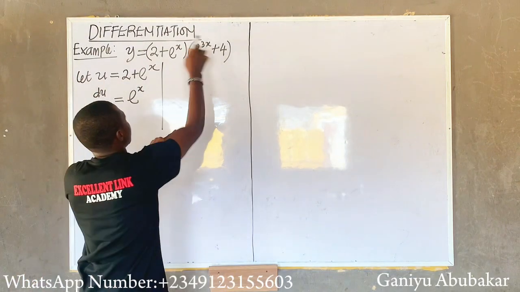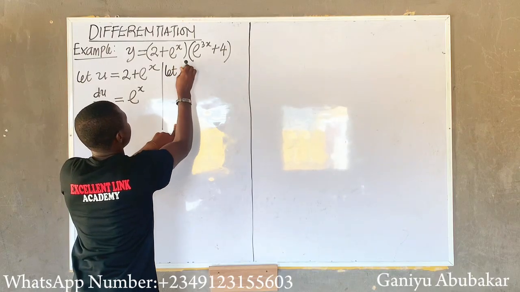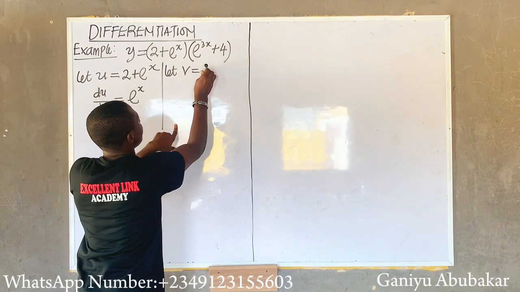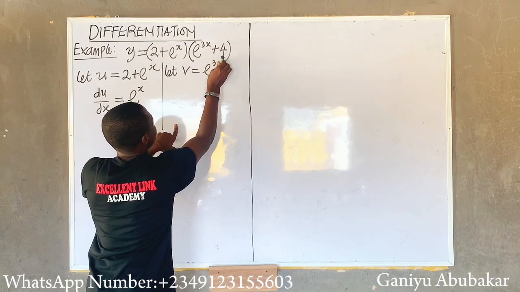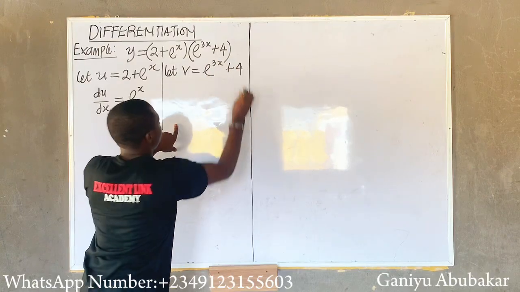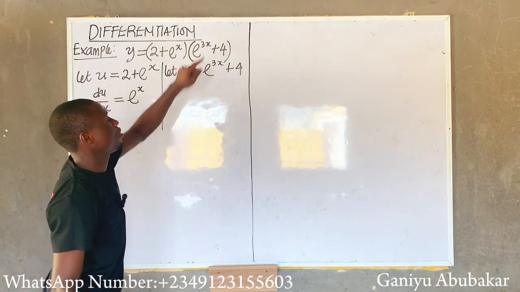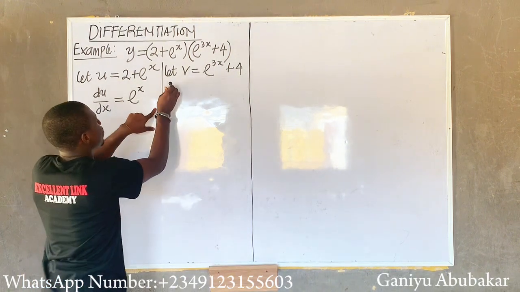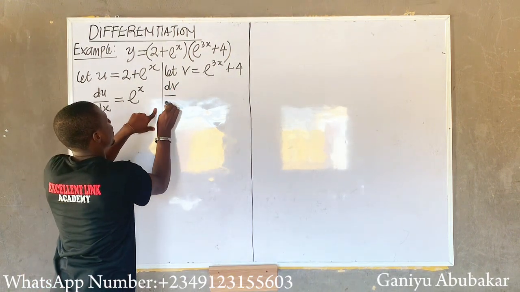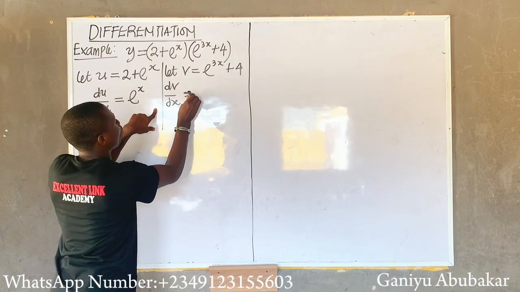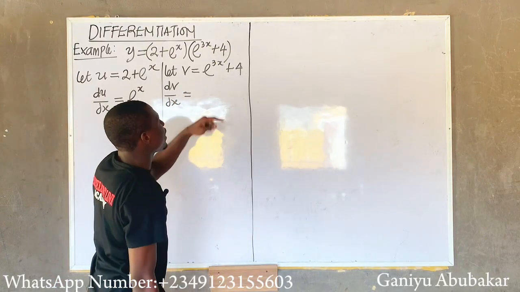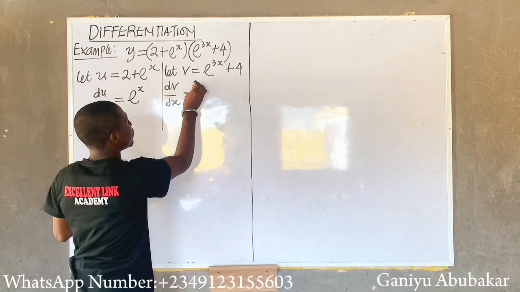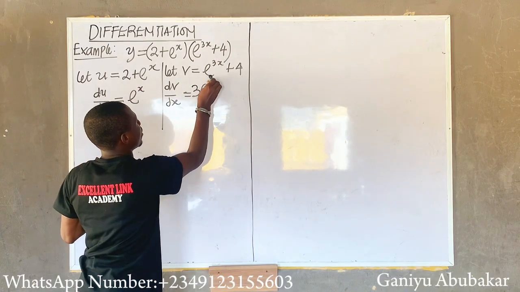Also, let V be equal to exponential 3x plus 4 for this case. Now differentiate V with respect to x. I'll have dv over dx equal to, if I differentiate exponential 3x, I should have 3 exponential 3x.